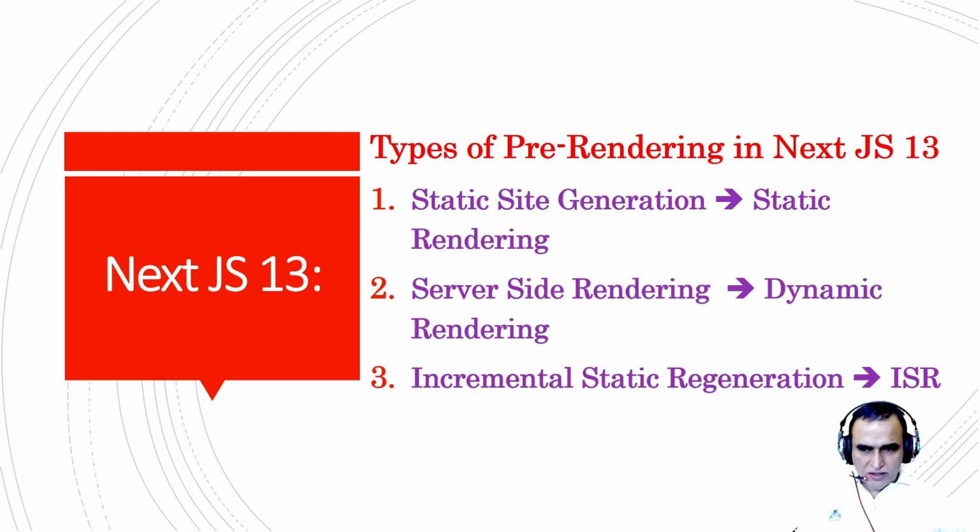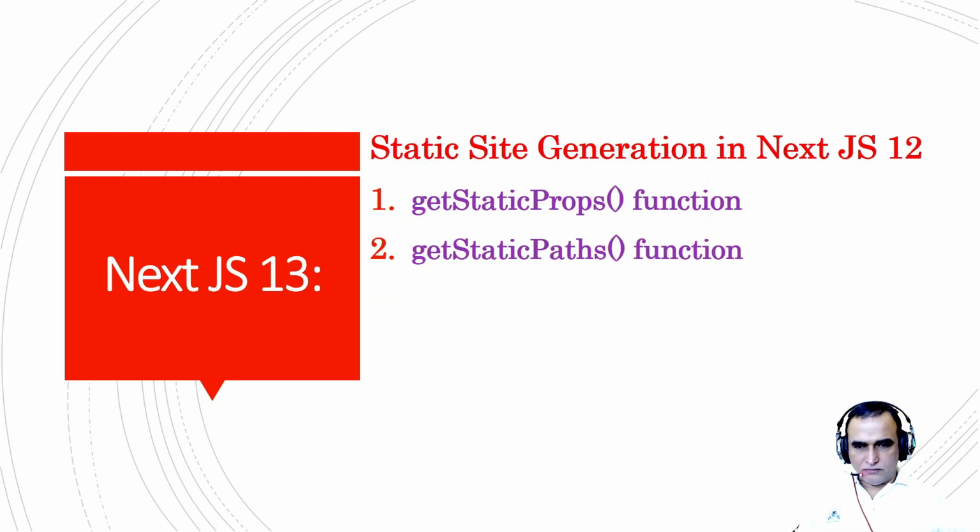How we can implement all these three processes in Next.js 13, I will explain in my later videos. Now in Next.js 12 we use the getStaticProps and getStaticPaths functions. With the help of these two functions we made static site generation in Next.js 12 and before. But now this process has changed.